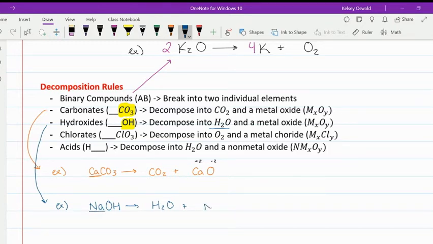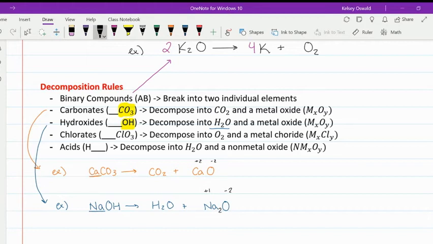So our sodium, that is going to bond with our oxygen. Okay? And just like before, we need to make sure our charge is balanced. So sodium, looking at the periodic table, that one's typically +1. Oxygen is typically -2. So in order for these to balance, we're going to need 2 of my +1 sodium. Okay, so my formula for that sodium oxide can be Na2O.